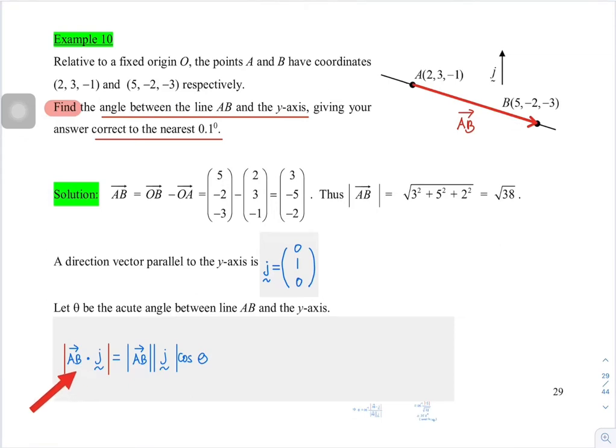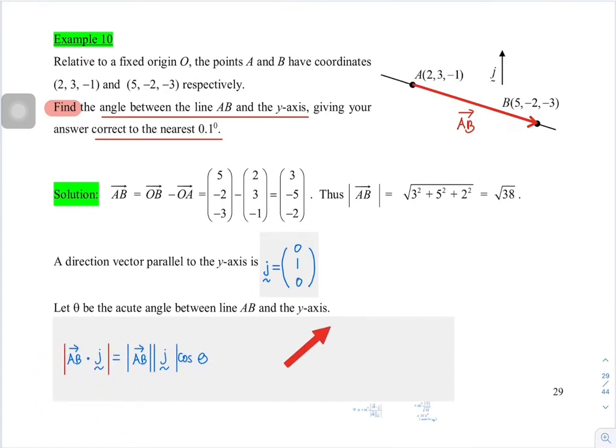So by definition, this will be equal to the magnitude of AB times the magnitude of j times the cosine of the angle between them. And in order for us to get the acute angle, we put a modulus on the left hand side to ensure that the left hand side is a positive value.